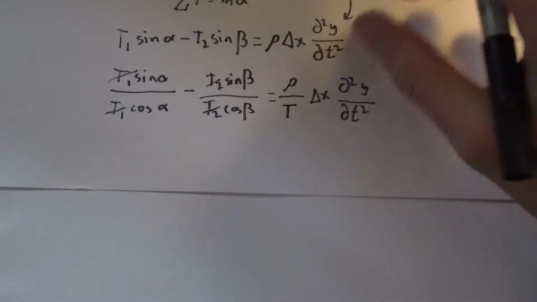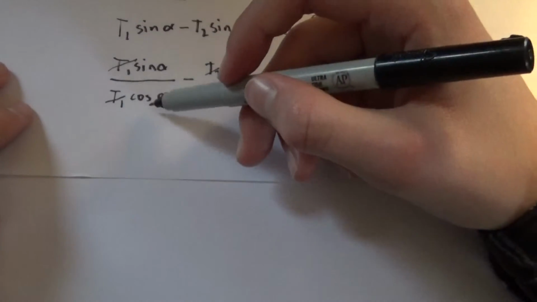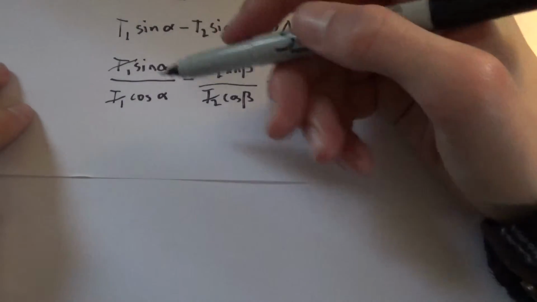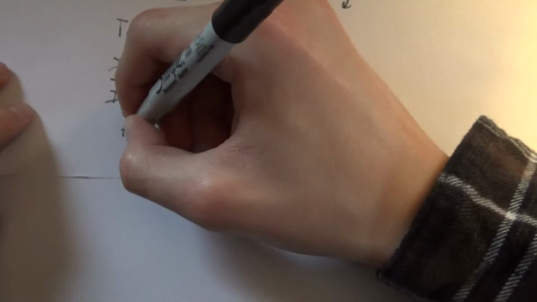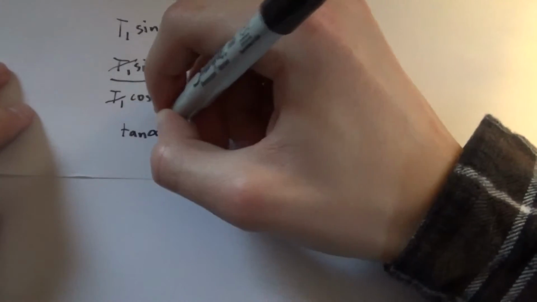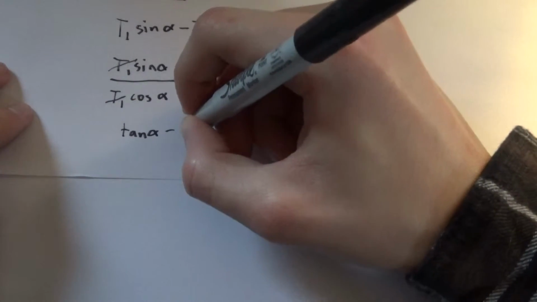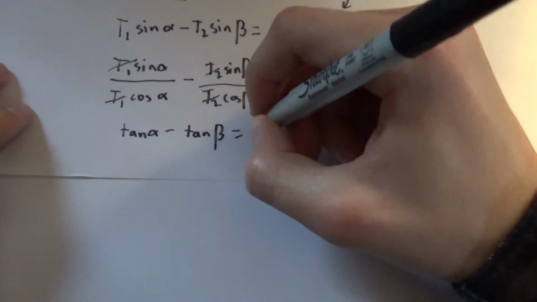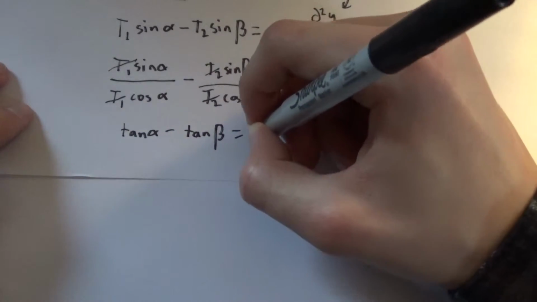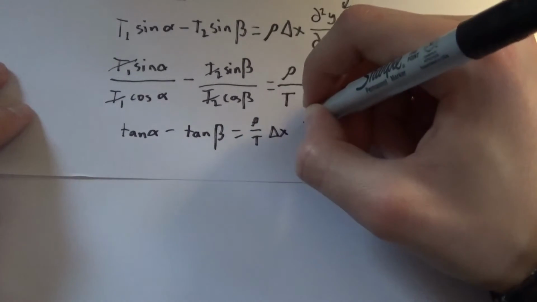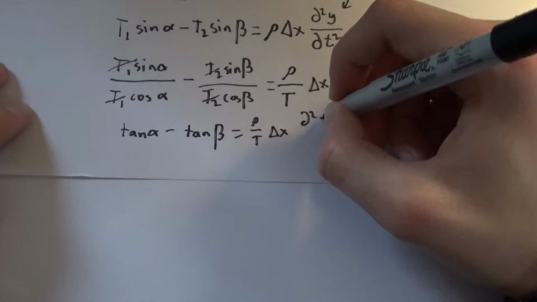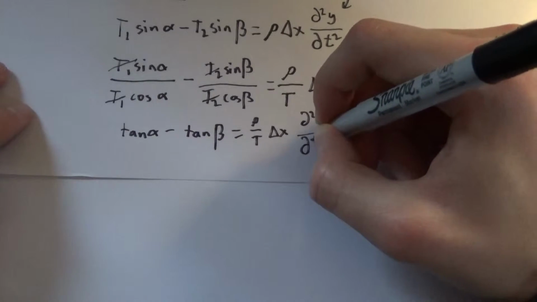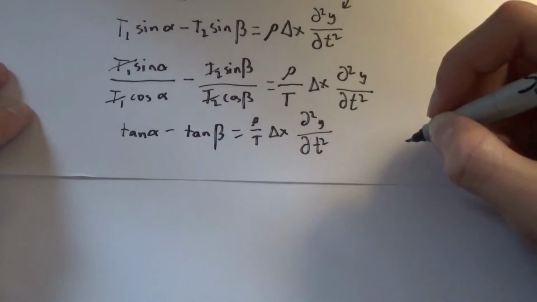So now, we know that sine over cosine of one angle is the tangent of that angle. So now we have tangent alpha minus tangent beta equals rho over T delta x second derivative with respect to time.